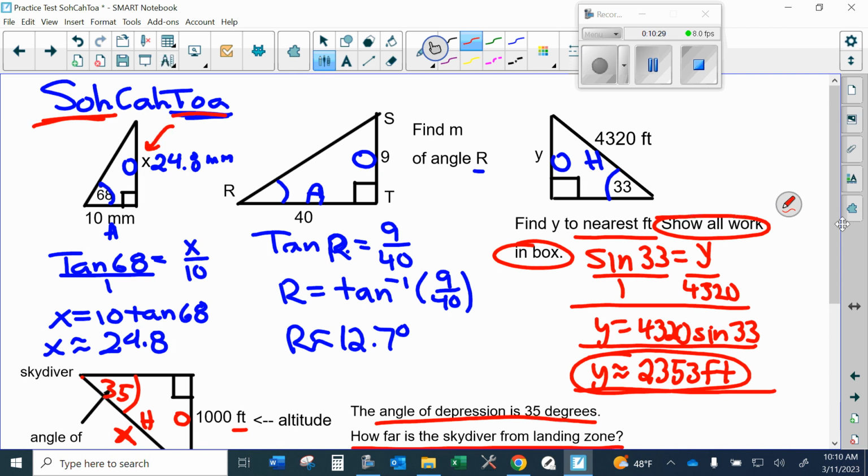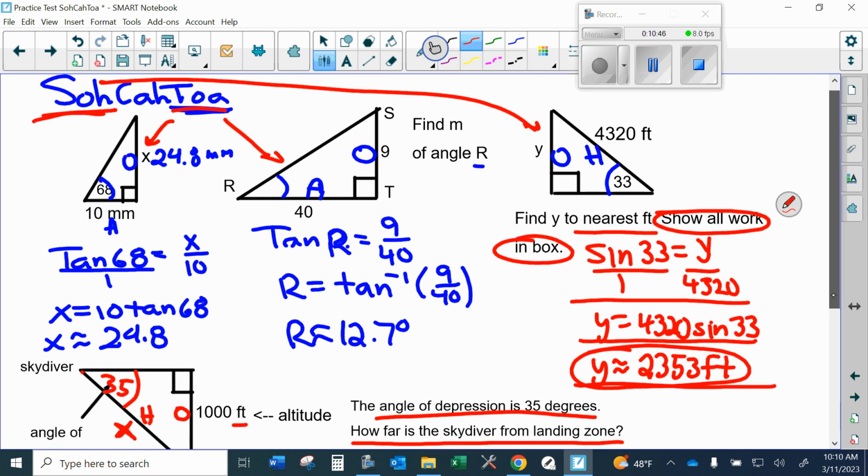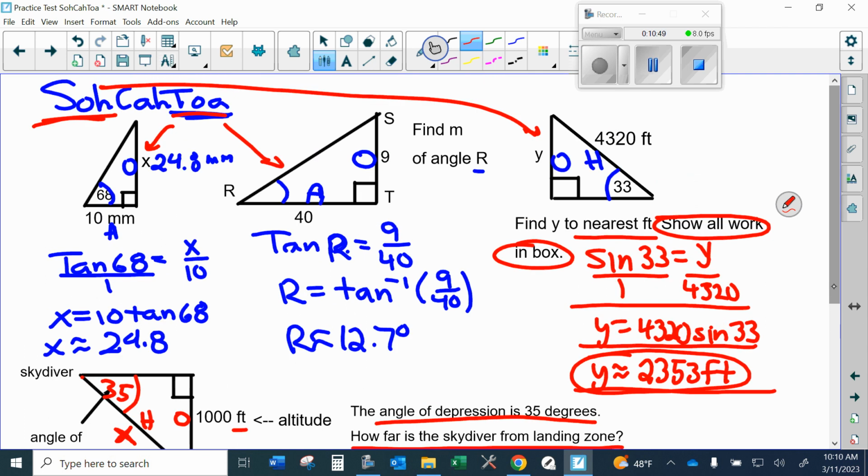For this one, it was O over A, along with that one, O over A. Here we had our O over H. That one went to that one right there, O over H. So it told me sine. Make sure you're doing that on each one and underline which two pieces, the one you're looking for and the one given to you, where those two letters are, and that tells you which trig function to use.